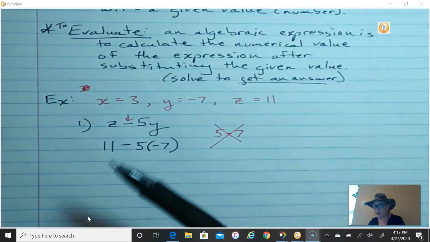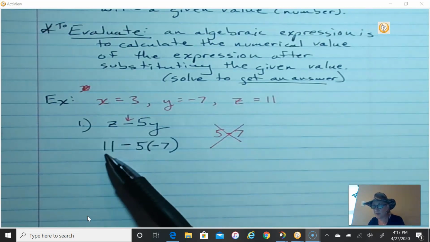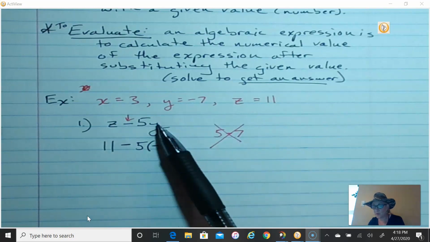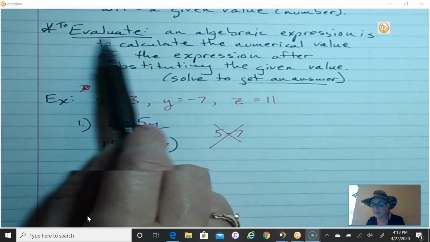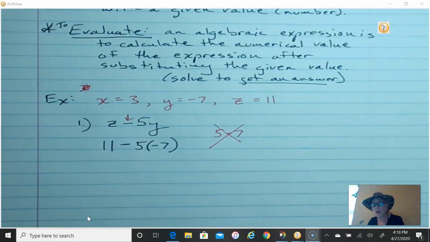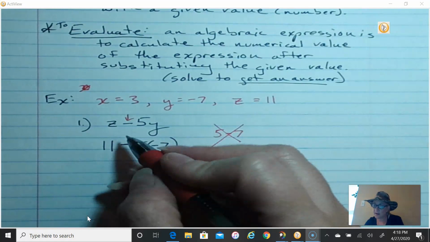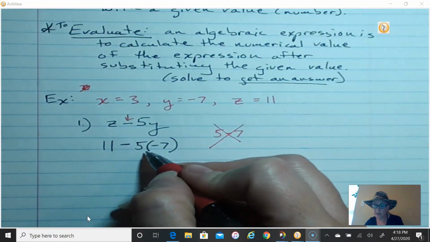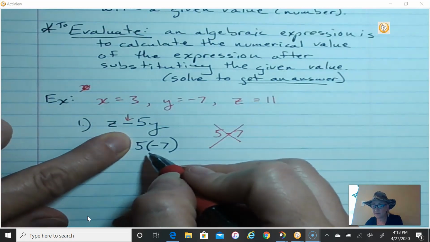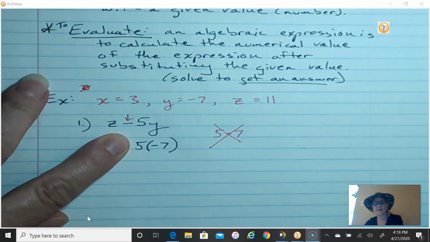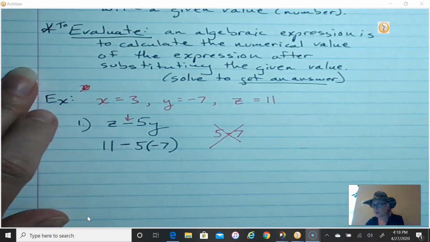Okay, so now we solve. You substitute the numbers for the letters, and then you evaluate this right here. So what's first? Subtraction or multiplication? According to order of operations, you're multiplying first.